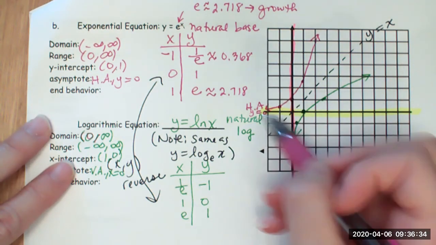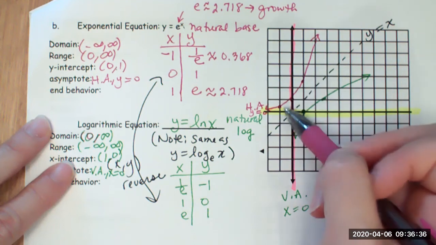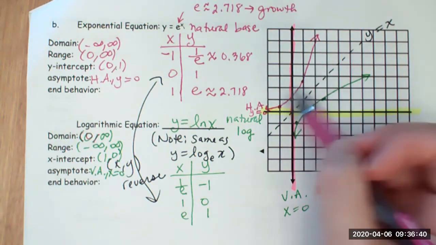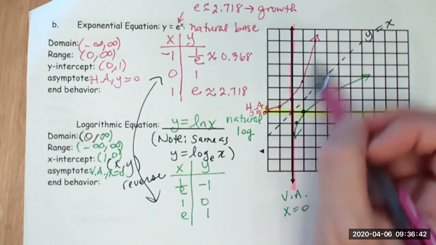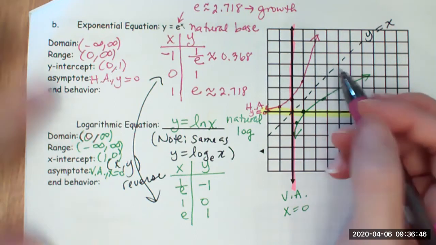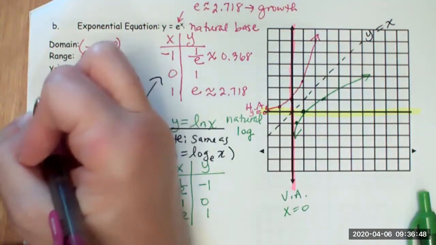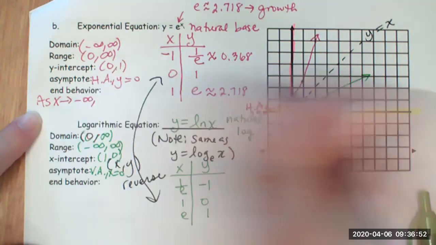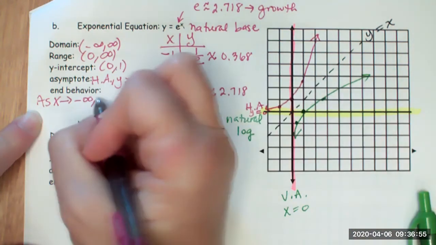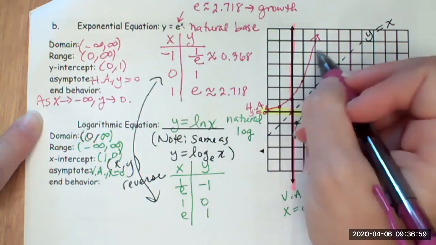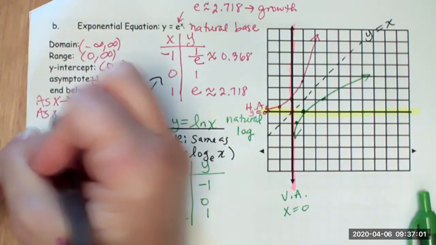Again, this is exactly what we did before. I'm hoping some of you have already filled this in or paused it and filled it in, because I had said you can just literally copy over from what we just did for y equals 2 to the x. So the end behavior, as x approaches negative infinity, y is getting closer to the asymptote, y approaches 0, and as x approaches infinity, y approaches infinity.